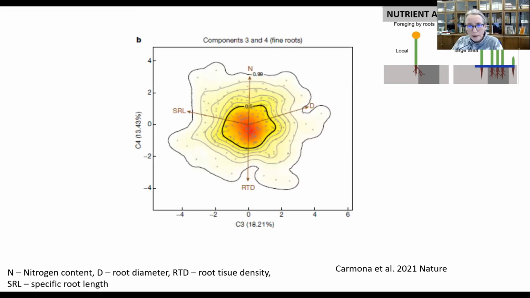So back to this graph, which I already showed, these root traits. We tried to look at whether these root traits are connected with this coarse organ, these types of clonal growth organ or non-clonality.